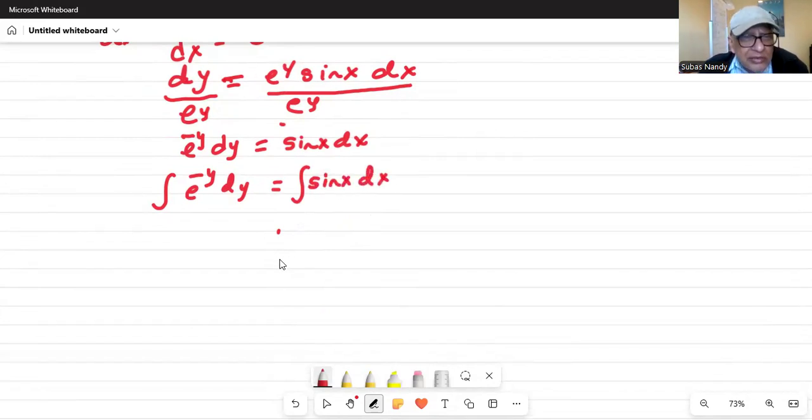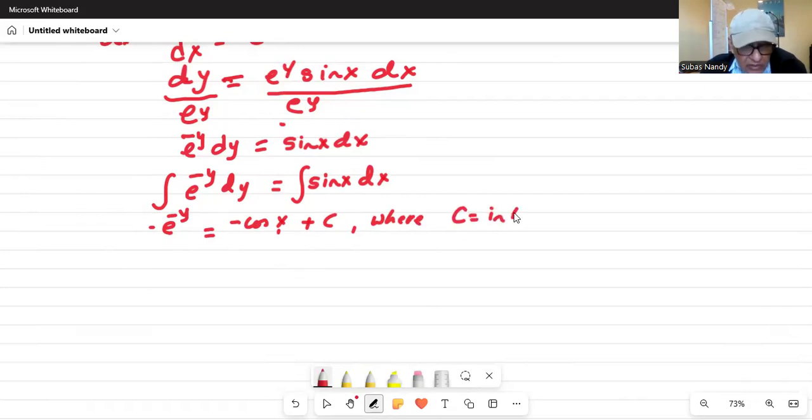Now integration of e to the power of minus y with respect to y is nothing but minus e to the power of minus y, is equal to integration of sin x, which is minus cosine x plus c, where c is the integration constant.